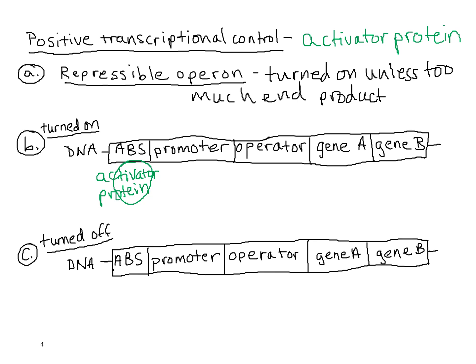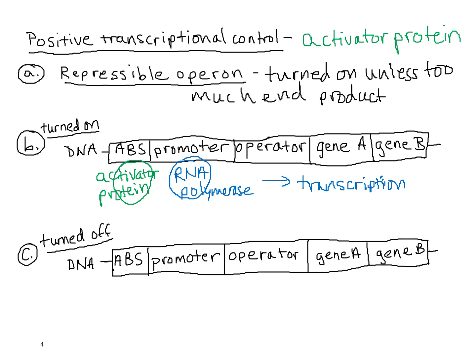So when the activator protein is bound to the activator binding site, that helps the RNA polymerase bind to the promoter, and then it can go ahead and do transcription, transcribe the genes in the operon, and then those can be made into the proteins and the operon will be turned on.